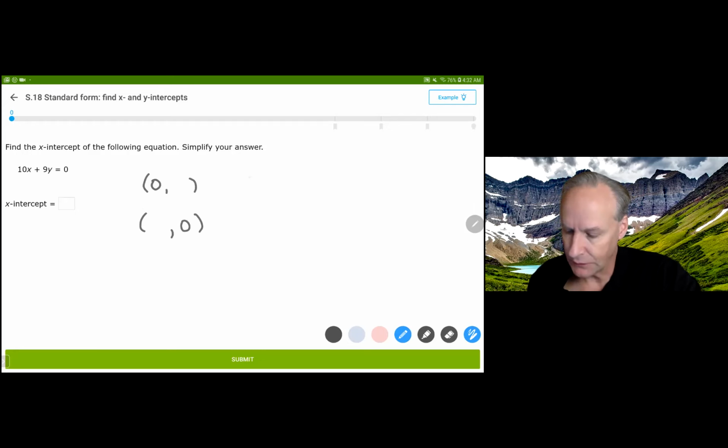So I'm going to show you what I do when I'm solving for this one. I have 10x plus 9y equals 0. Now, when I'm doing it in my head, and I don't actually write much of this down, what I do is I cover this part up right here.